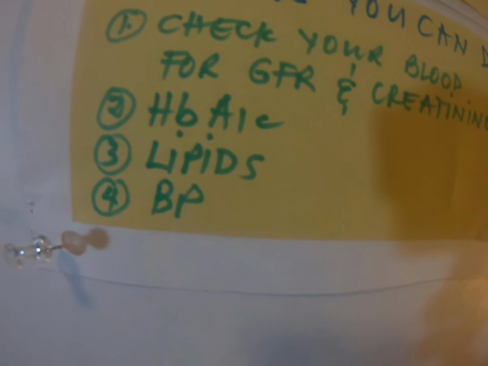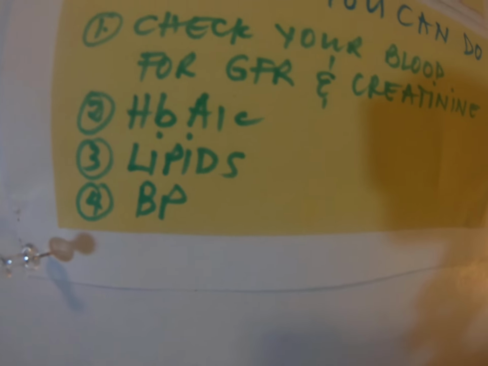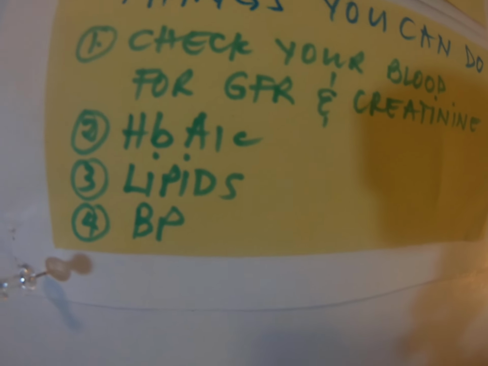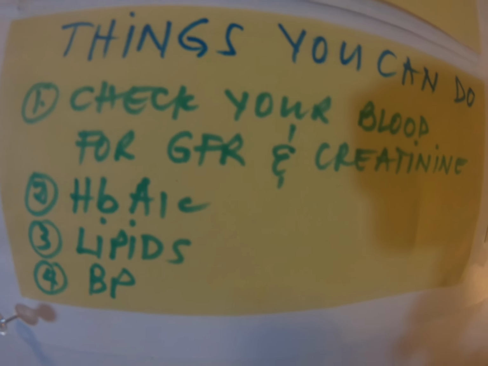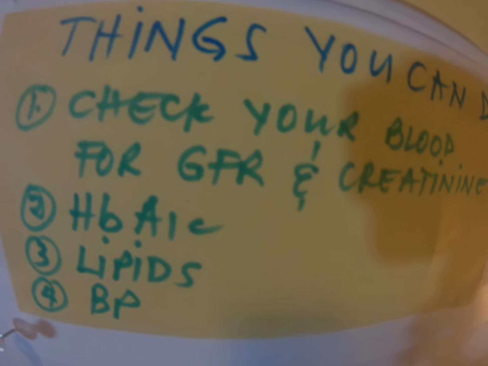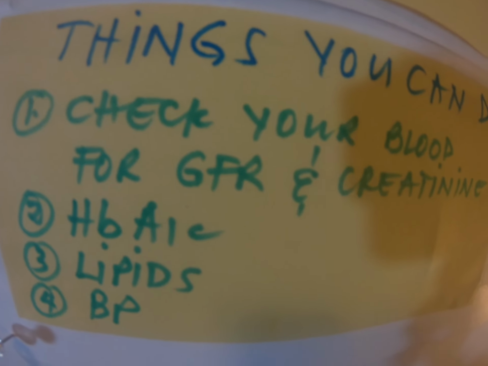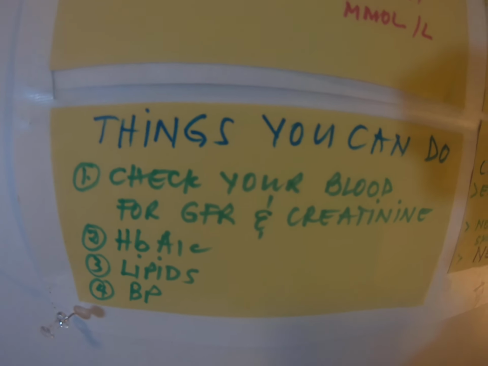Also lipids, your bad cholesterol, and your blood pressure have to be checked. You might be a smoker or not, or have something in the family. All these things have to be checked so that we can check our kidneys as early as possible. Those are the things that we should do.